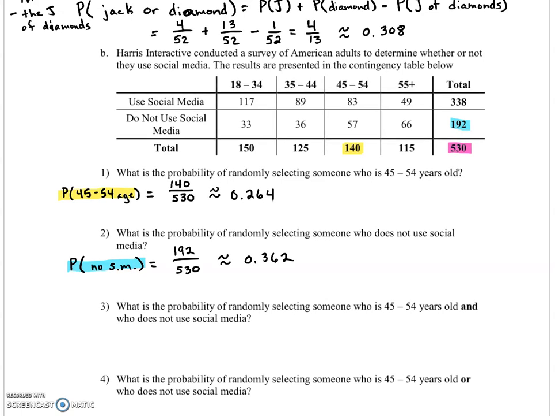Now, what is the probability of selecting someone who is 45 to 54 years old and does not use social media? Those people, we need the ones that are in both categories. So 45 to 54 is right here, and does not use social media is right here. Where the two overlap is just this 57.